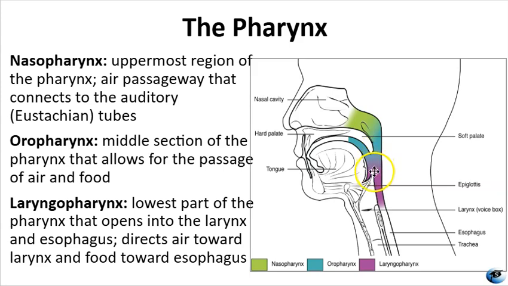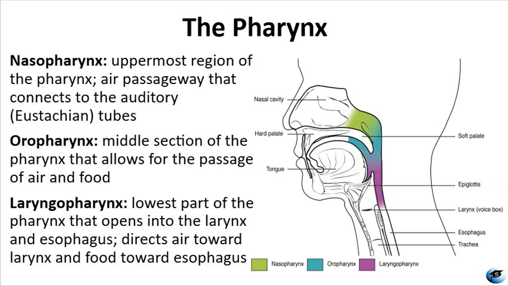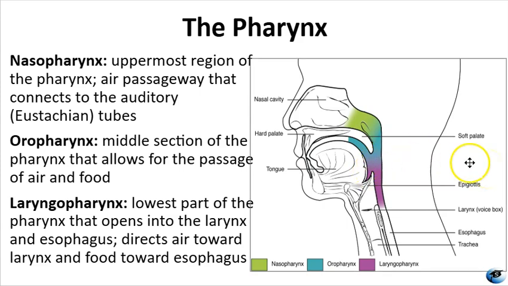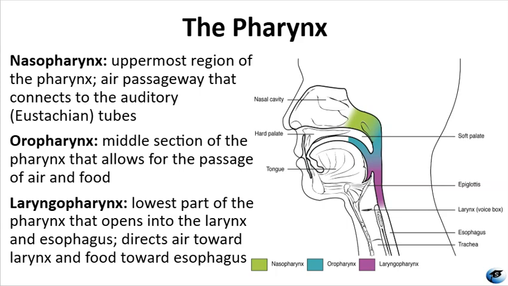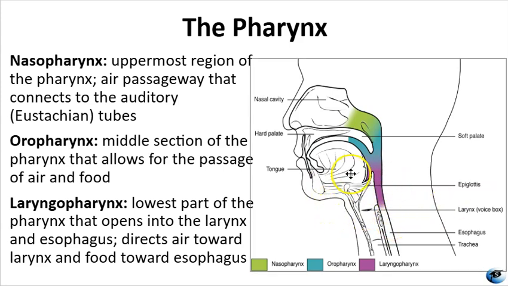If you move downward from the nasopharynx, we enter the oropharynx, which is located behind the oral cavity. This region serves as a shared passage for both air and food. Because of this dual role, the tissues lining the oropharynx are more resistant to abrasion than those in the nasopharynx. And then the laryngopharynx.